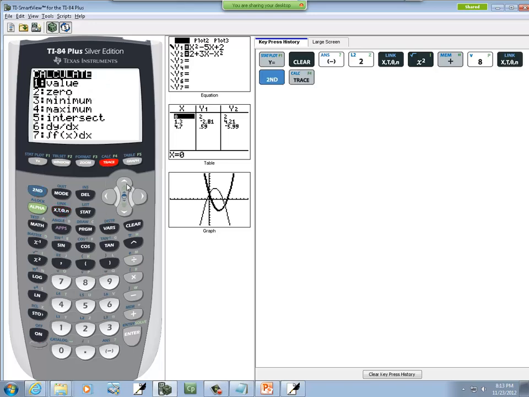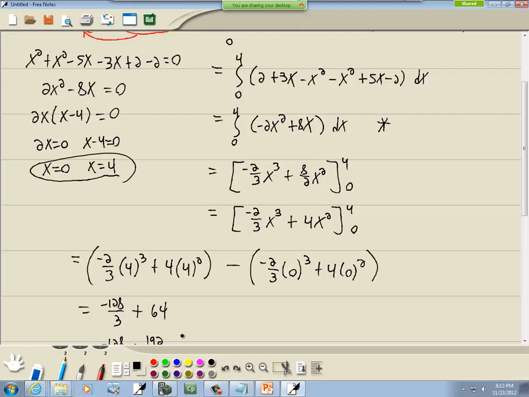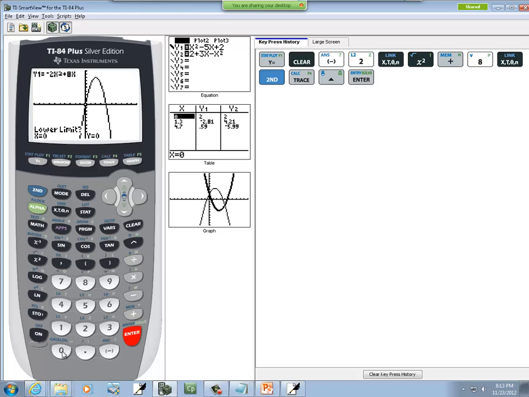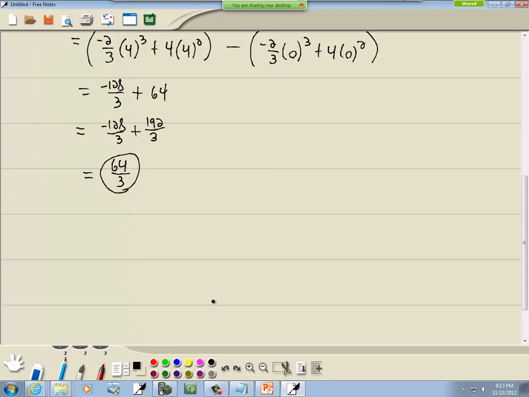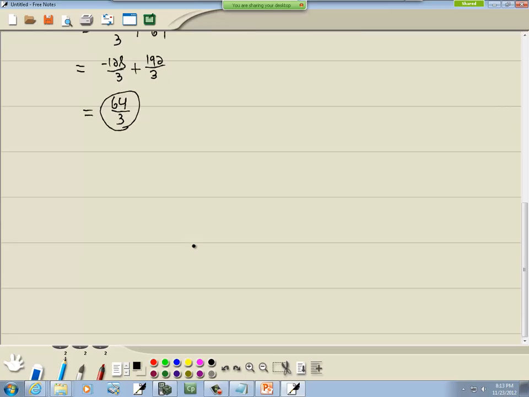And I want to choose my integral one, number 7 on mine. And then I want to go from 0 to 4. So do 0 for my lower limit, enter, and 4 for my upper limit, and then enter. 21.33. Does this look like 21.33? Yeah, it does. So that checks.